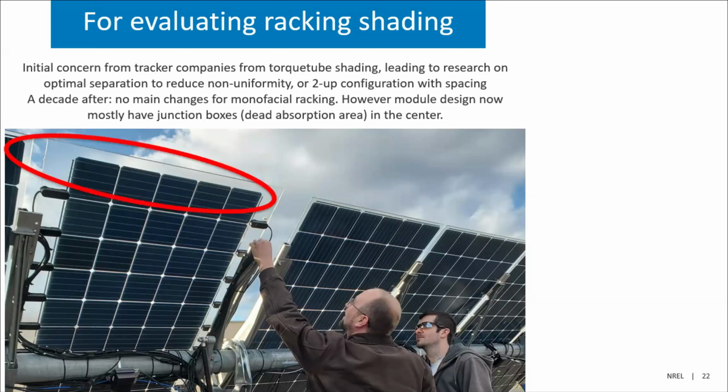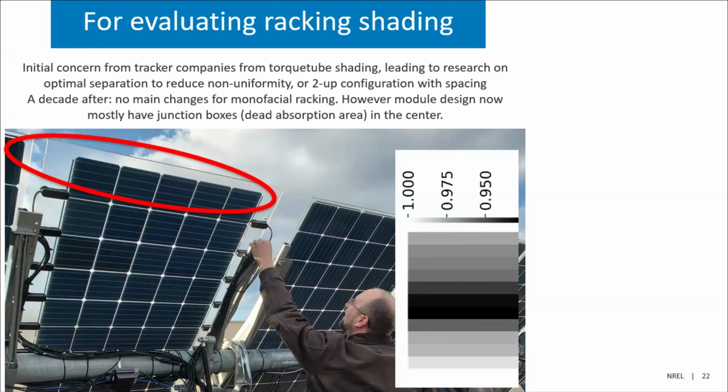So yes, there is shading. We call these particular custom modules. There are a lot of junction boxes, so we can gather the irradiance measurement and the power curve from each row. We can calculate that the cells in the middle have 5% shading. So yes, there is shading, but really no one needs to worry.